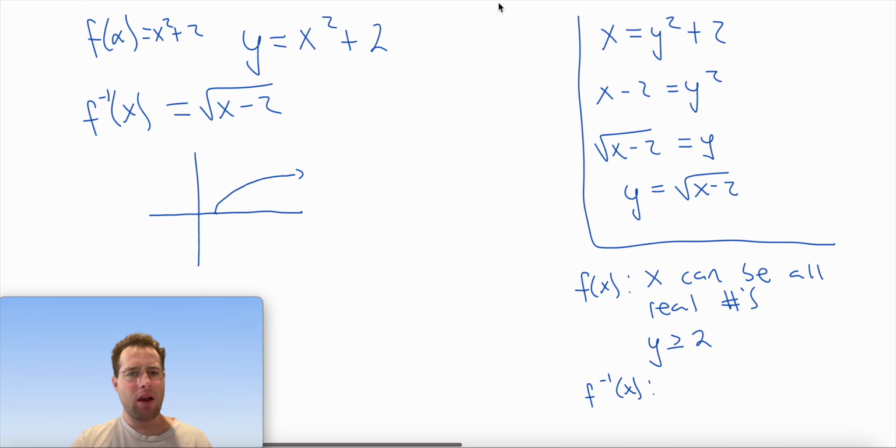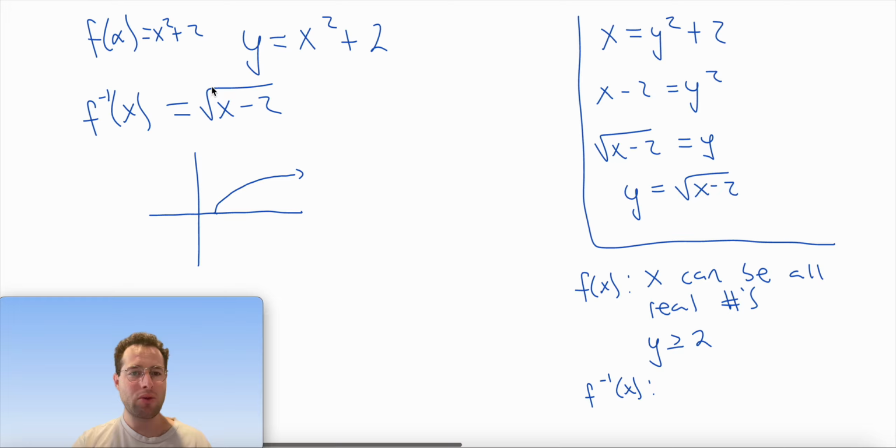Another way you might see that we're only going to restrict it to positive values is by looking over here, when we try to solve for the inverse function, we have x equals y squared plus 2. We can ask, what can x be? The smallest value of x that we can have here is 2, and that's when y equals 0.